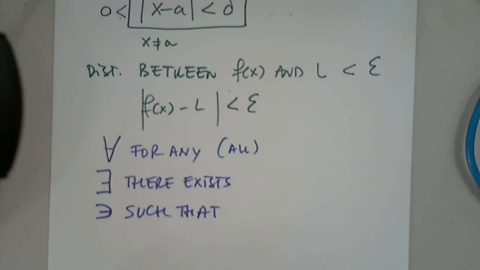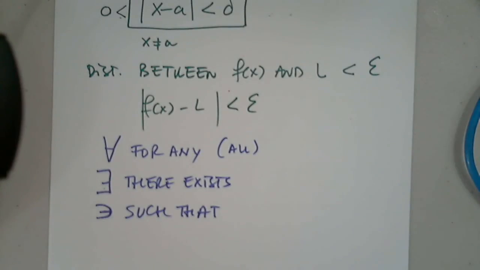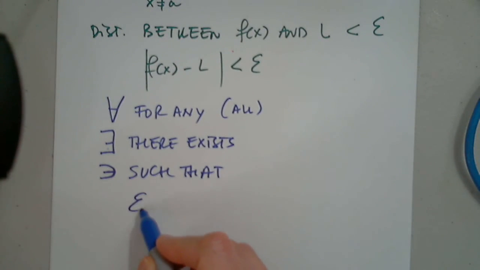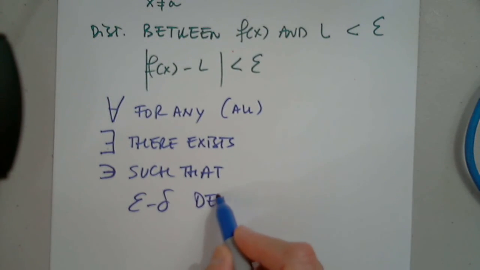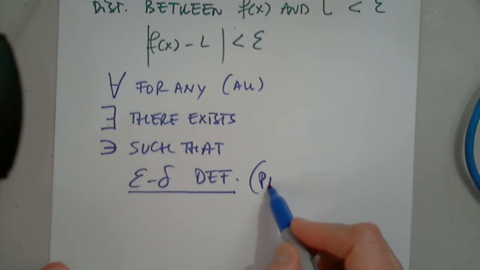These are mathematical symbols widely used. And now this definition will fit on one line, like this. So here is the epsilon delta definition of the limit, or the precise definition, same thing.